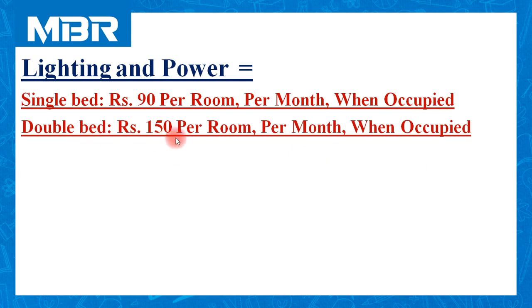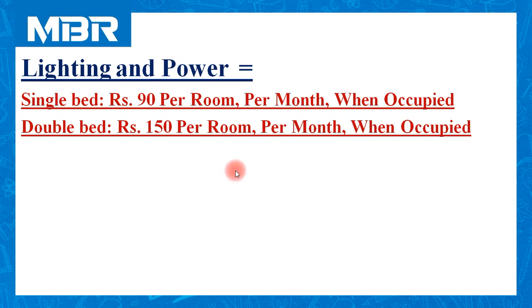For a double bed, the amount is rupees 150 per room per month when occupied. Again, concentrate on the statement. It is based on number of rooms because we need to pay per room. This amount is paid per month and it is payable or it is applicable only in the case when rooms are occupied.